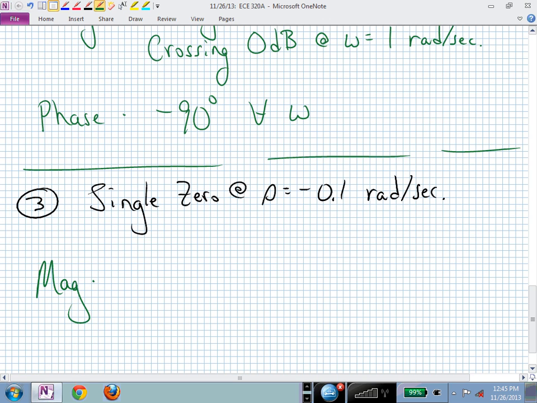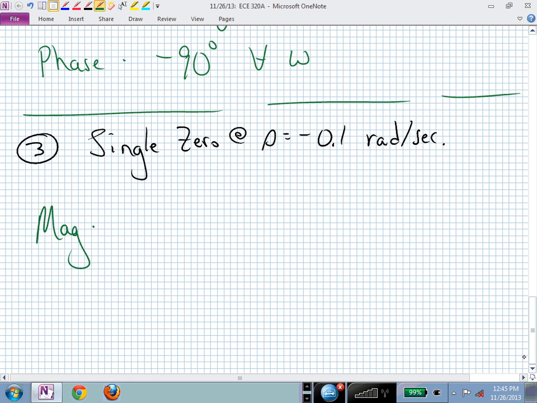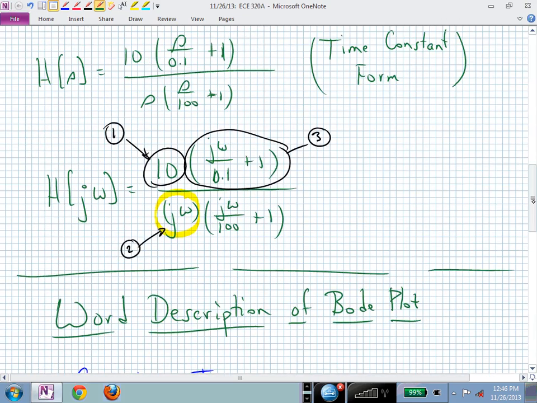Now we have to describe the magnitude of this. At really low frequencies, what's its magnitude, this factor? If you go back and look at that factor that I've enclosed with 3, if I put in a really small frequency, and what's a small frequency for this factor? Frequency depends on the pole or zero factor.